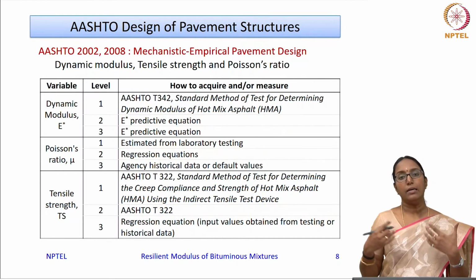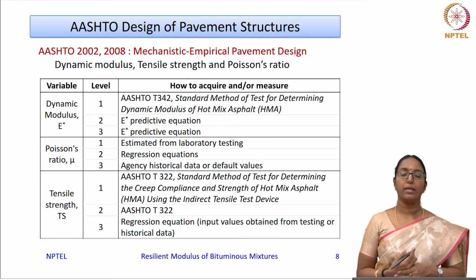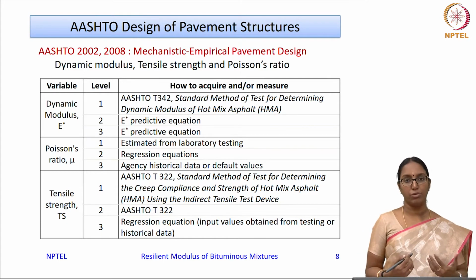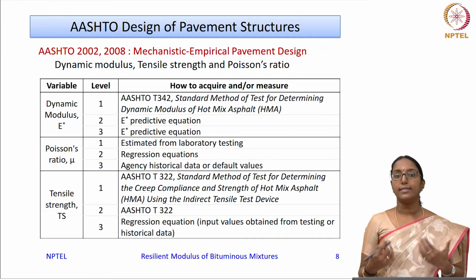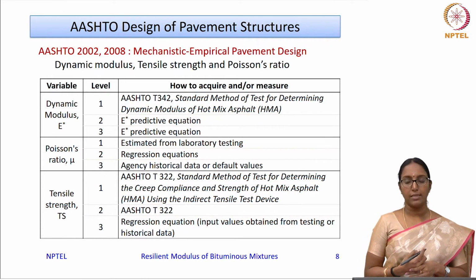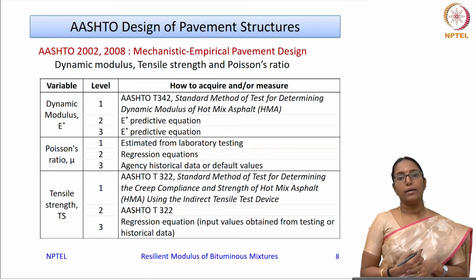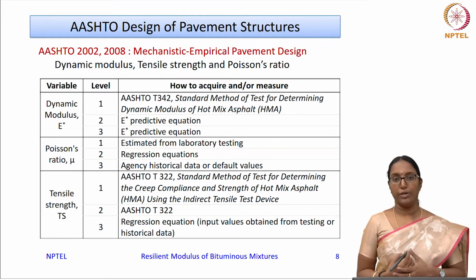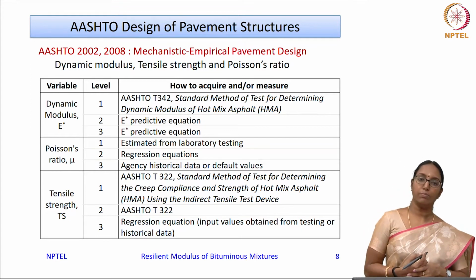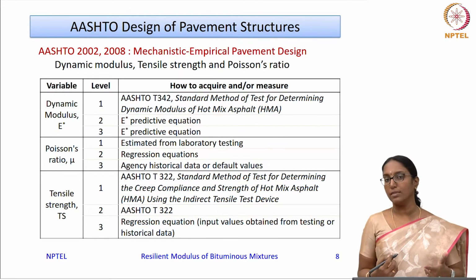Now coming to the latest mechanistic empirical approach by AASHTO, which was developed in 2002 and later revised in 2008. You call it the MEPDG approach, or the mechanistic empirical pavement design. Here the material modulus is developed as a dynamic modulus. The dynamic modulus is time dependent as well as temperature dependent.